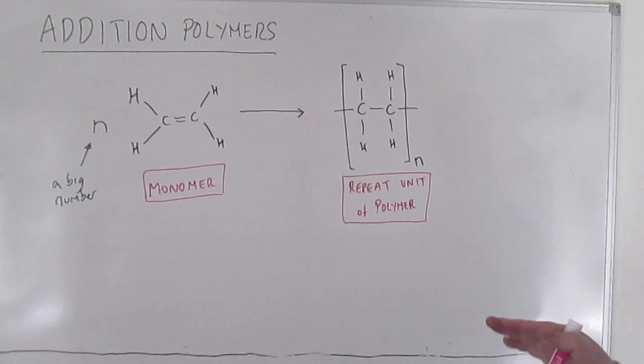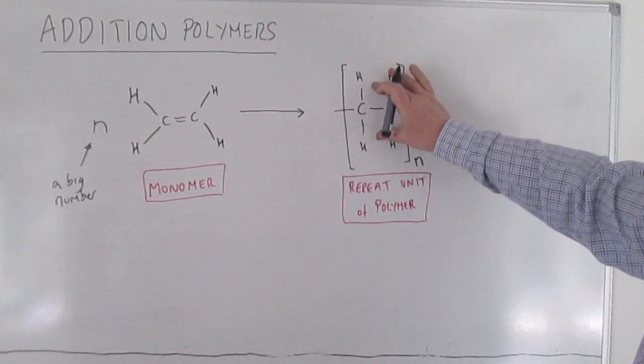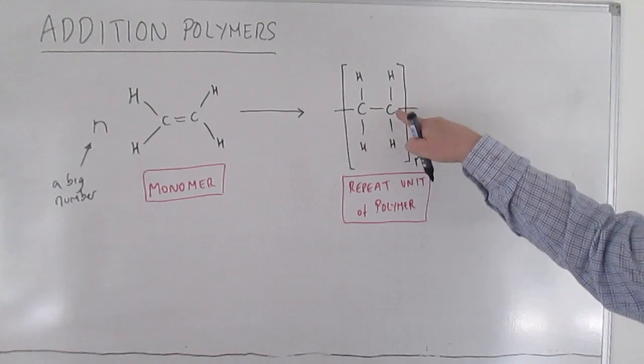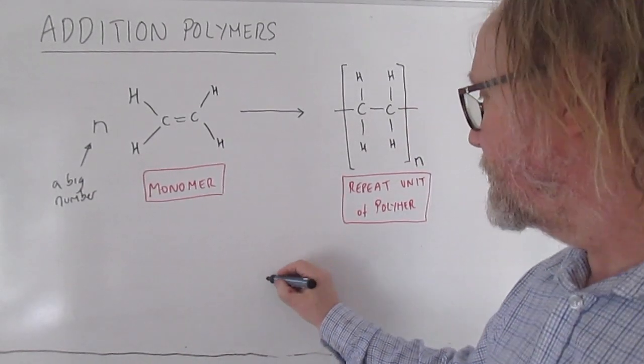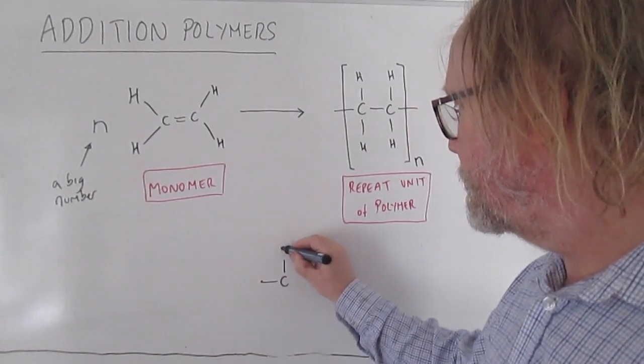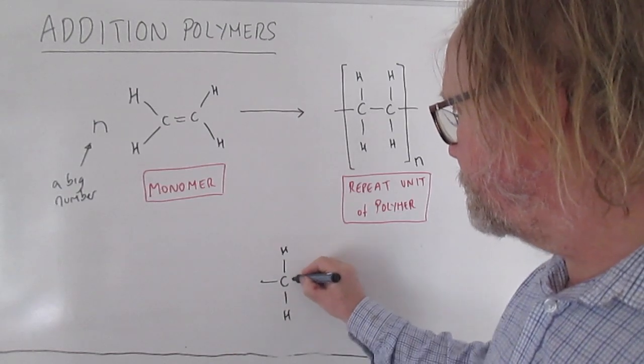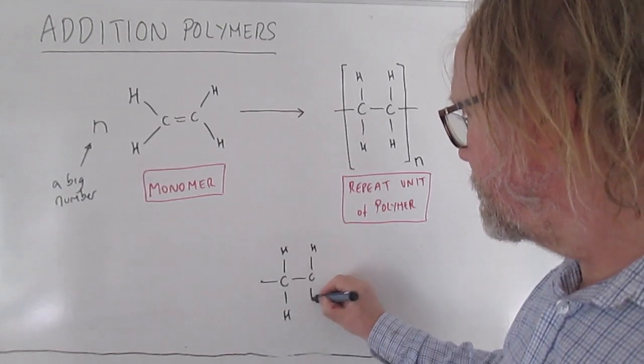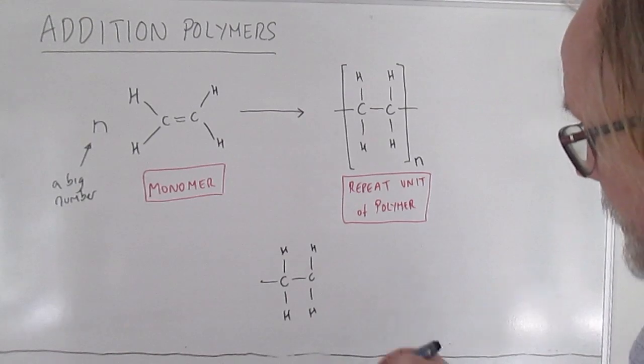If they ask you to draw the repeat unit, you can just draw that. Sometimes they ask you to draw several repeat units, 2 or 3, and that's easy to do because you just basically string 2 or 3 of these together, all joined up through these linker bonds. So 3 repeat units of this. Here's our first one. And here's our second one.